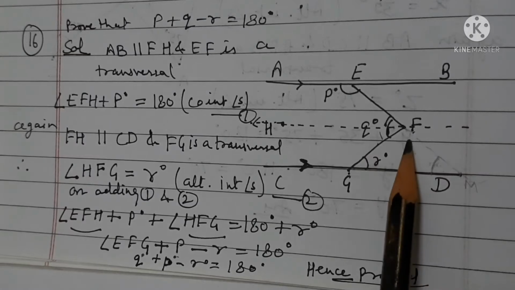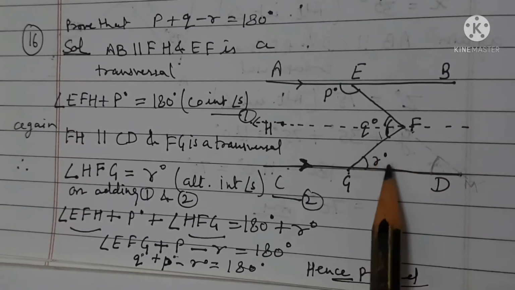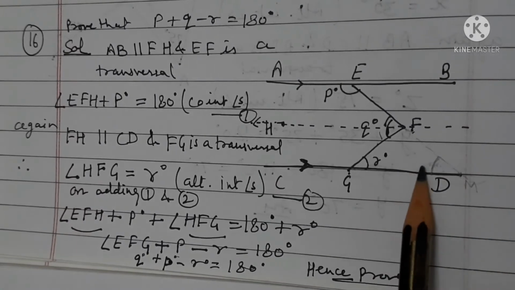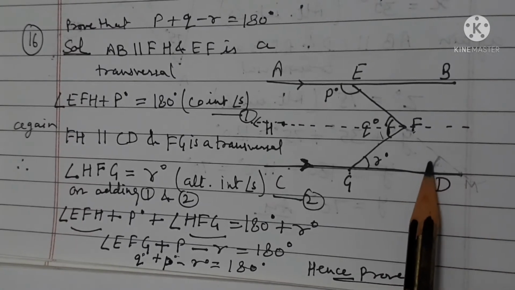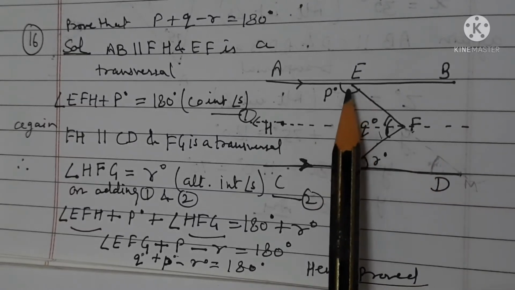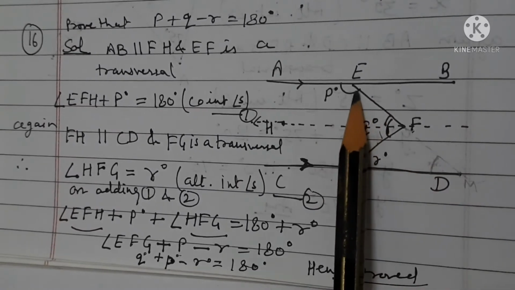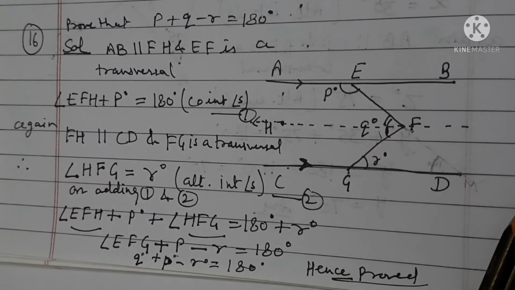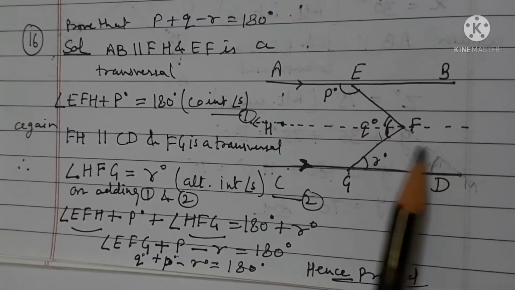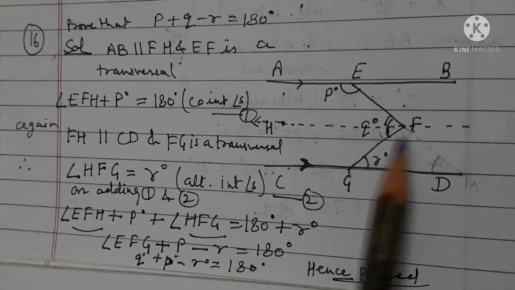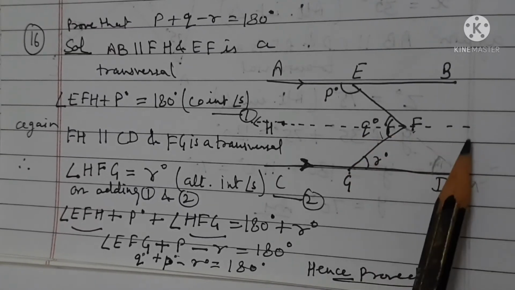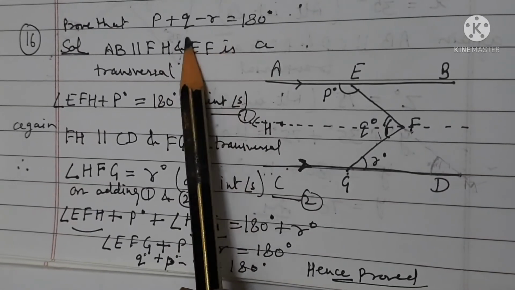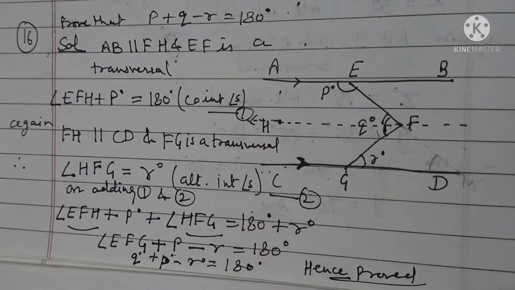You already studied this in your previous classes, so you can use this concept. So angle R plus this angle, you can calculate using the relation that the sum of these co-interior angles will be 180 degrees. Write here or try yourself, you will get the relation you have to prove.